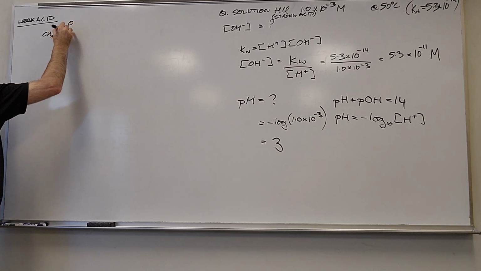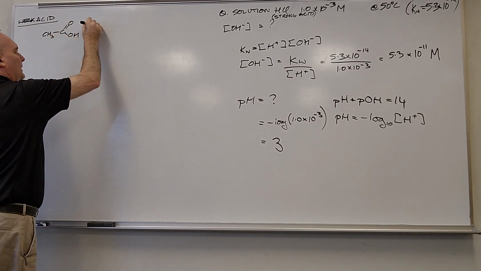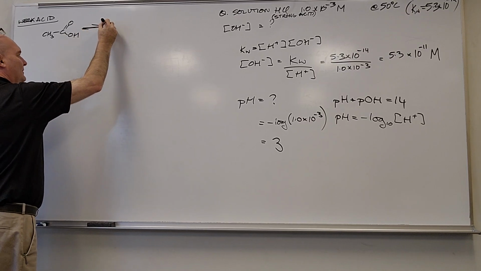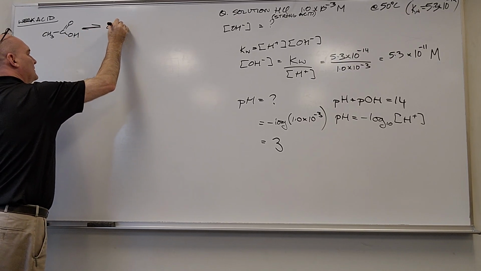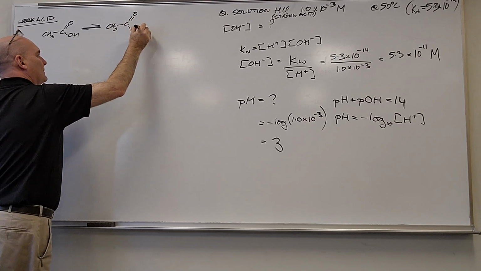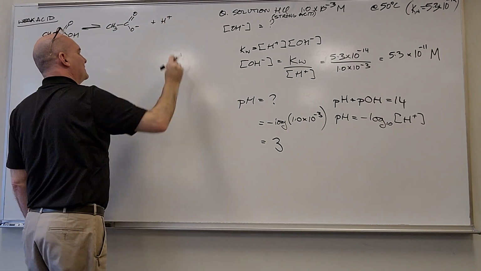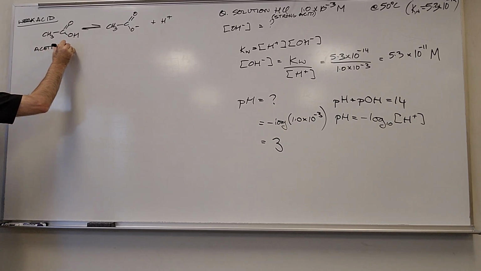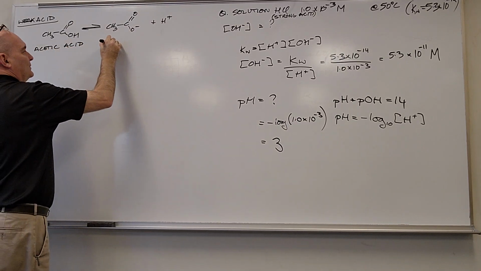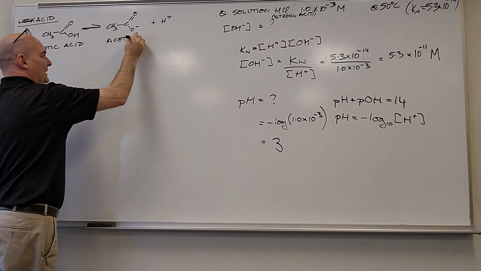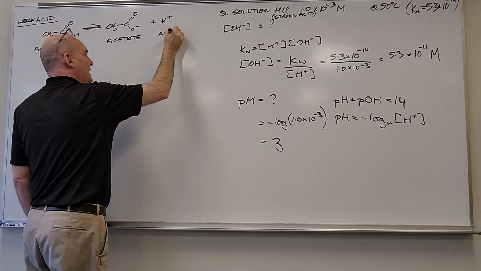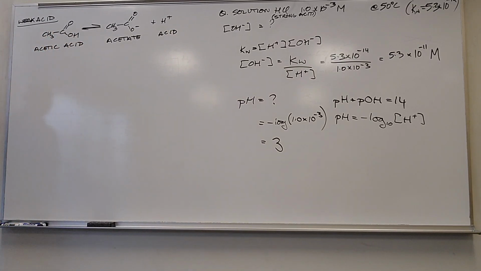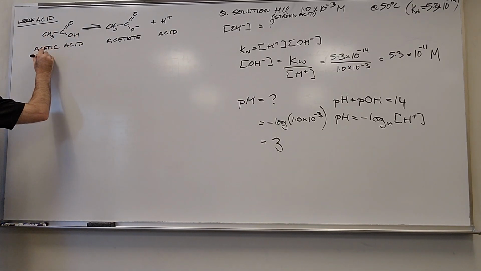This is a stereotypical carboxylic acid. This one is ethanoic acid, also known as acetic acid. It puts H plus into solution, therefore it is an acid under the Arrhenius definition. I'm going to call this by its old name, acetic acid, which makes this acetate, that's its salt, and the acid itself.